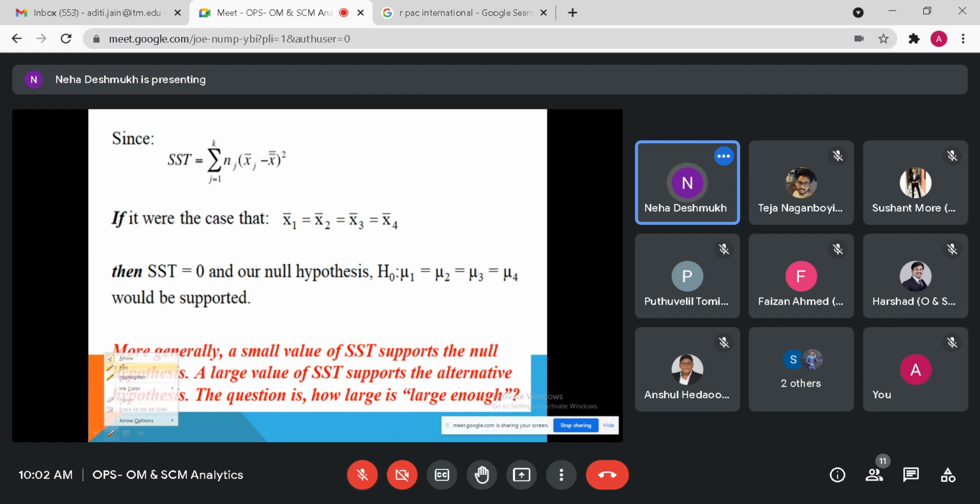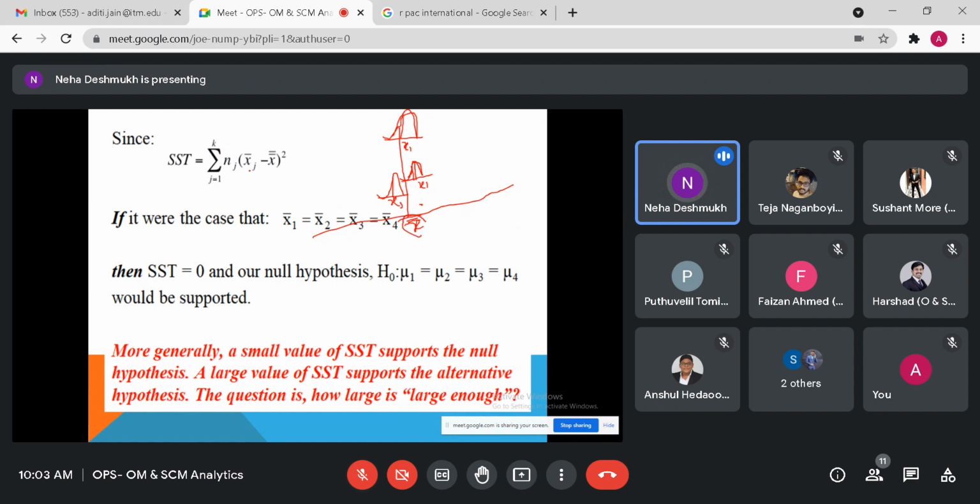In a graphical way, this is my x bar bar, the grand mean. Now my x1 is somewhere here, x2 is somewhere here closer to the grand mean, then x3 is somewhere here, and x4 is somewhere here, closer to the grand mean.